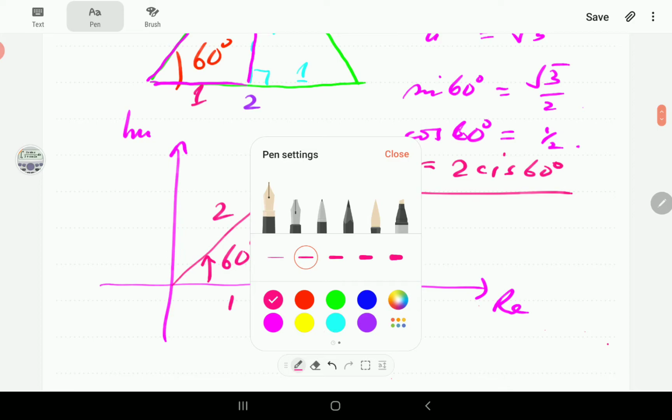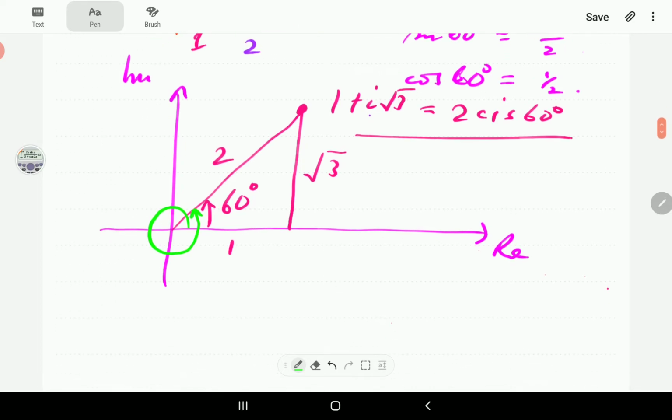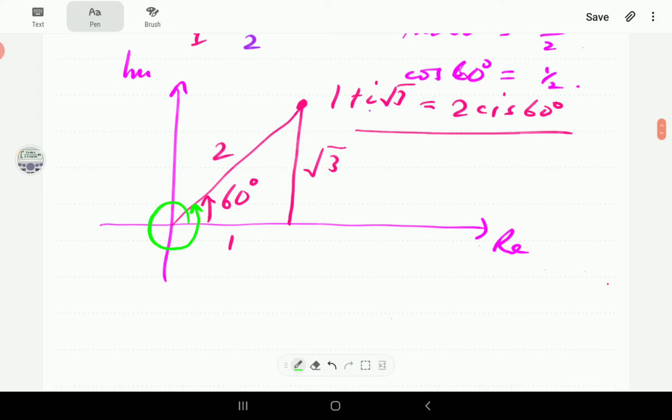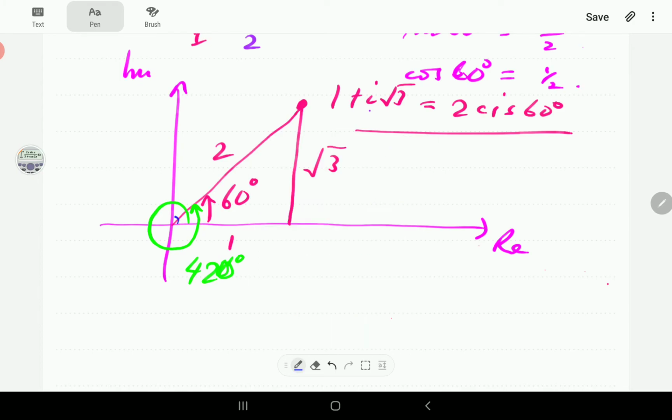However, if we've got time and energy, we can start off here, go round once, and then come back. In which case, that angle is now going to be 420 degrees, 420 being 60 plus 360. If we've got even more time and energy, we can go around twice and then stop at the terminal side. In that case, that angle is going to be 780.